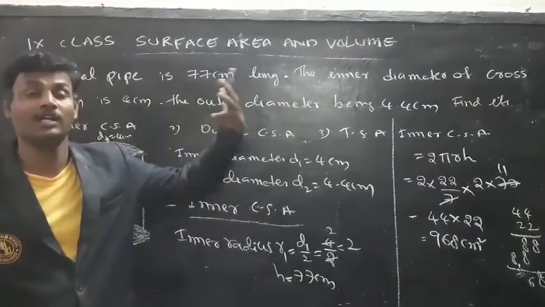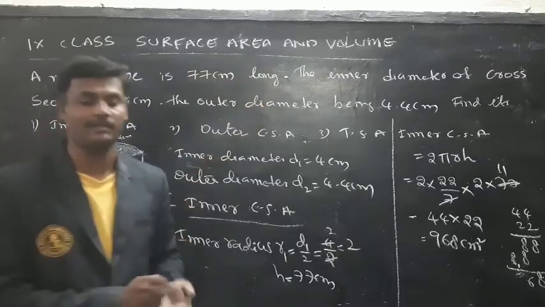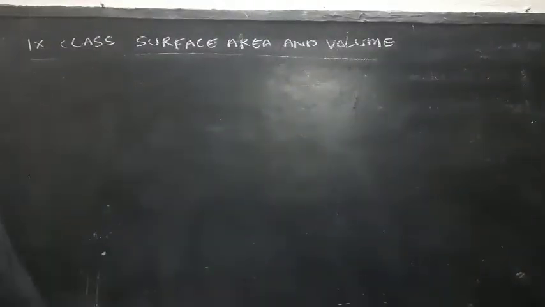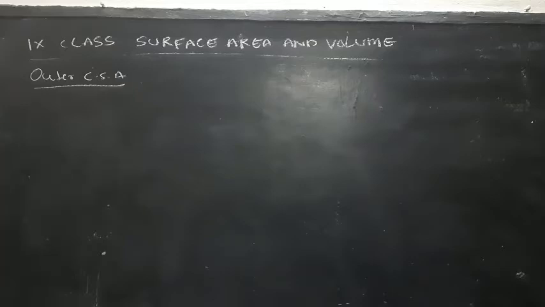To find the outer curved surface area, I have to take the diameter of the outer cylinder. Next I am going to find outer curved surface area. What is the outer diameter? D2 is equal to 4.4 centimeters. Here I know the value of the diameter.